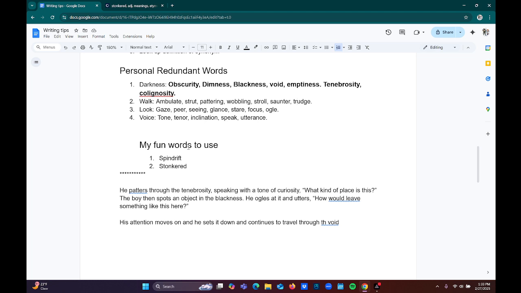We're also given the impression that he probably doesn't know what he's doing. This is probably a little boy and he's on an adventure in the darkness. And that's one thing. Wow. See, we just came up with another synonym. So his attention moves on as he sets it down and continues to travel through the void.